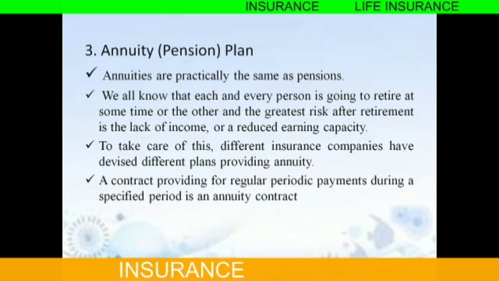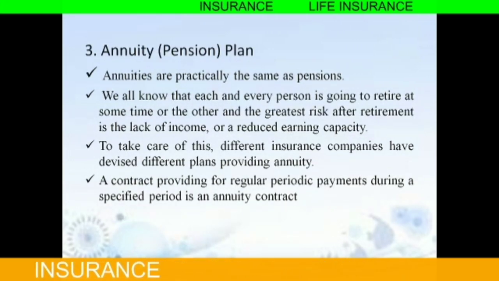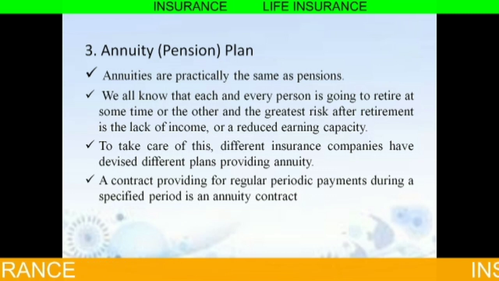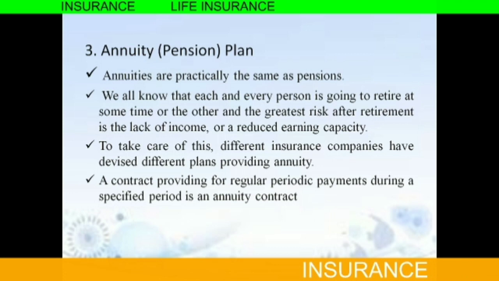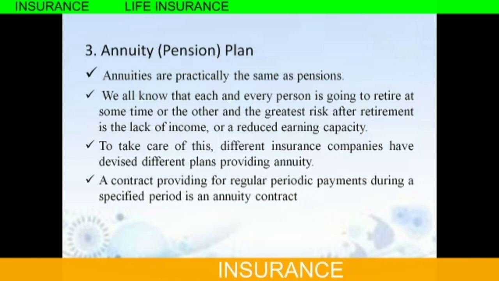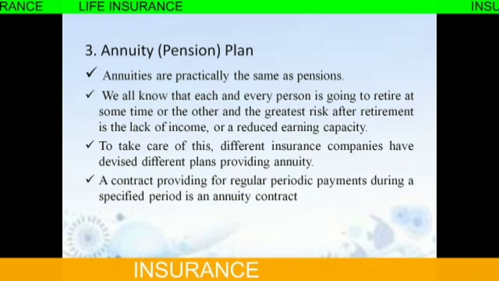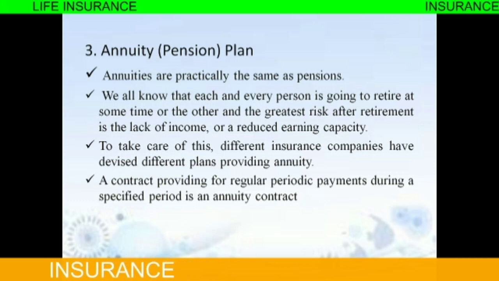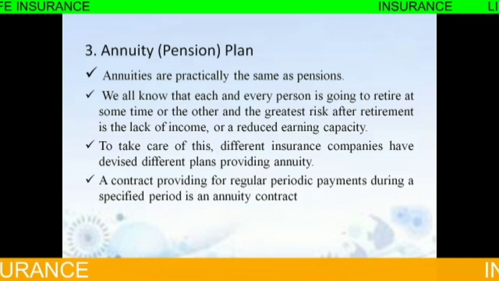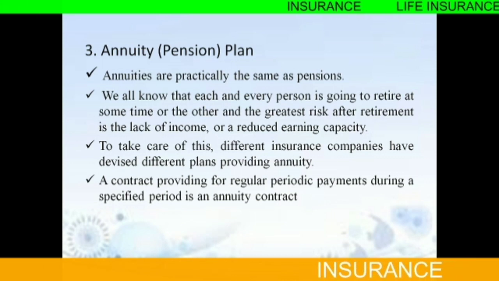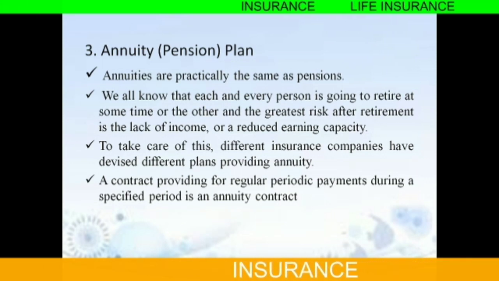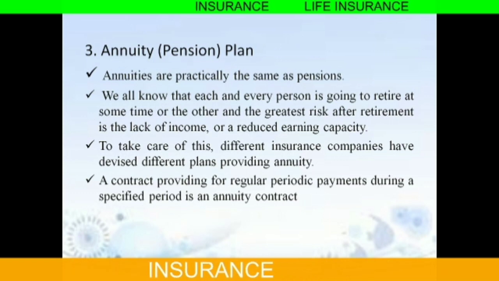And the next one is the annuity plan. Annuity pension plans are practically the same as pensions. We all know that each and every person is going to retire at some time or other, and the great risk after retirement is lack of income or reduced earning capacity.